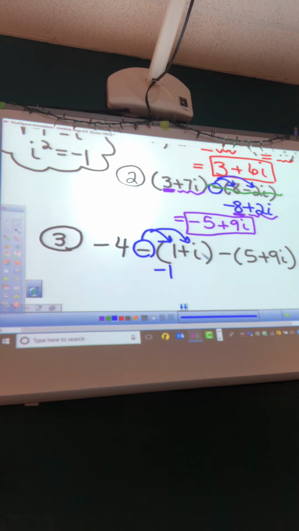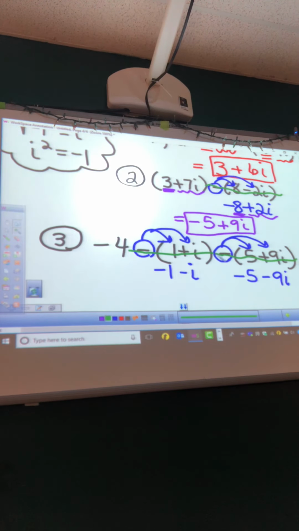That negative distributed to the i makes the i become negative. I'm going to do the same thing with my second parenthesis there. Distributing a negative makes that 5 become -5. Negative to that 9i makes that 9i become -9i. Distribute your negative, then combine like terms.